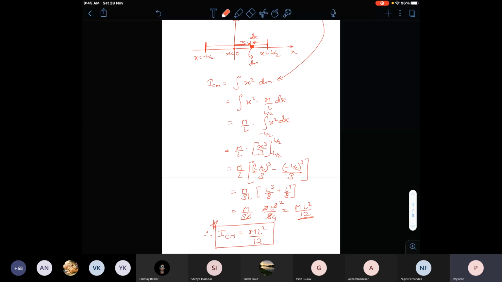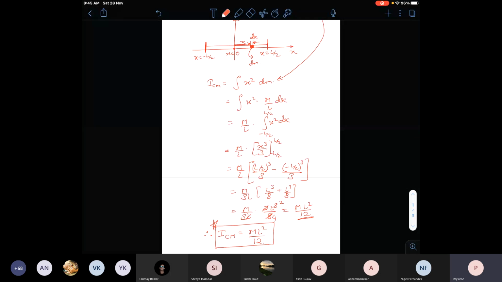Those are all moments of inertia about the center of mass, and you have to remember those. So there are two lists which you have to remember in this chapter, one is the center of mass list and the other is the moment of inertia list. Because every time in exams you won't keep on calculating the integration again and again.